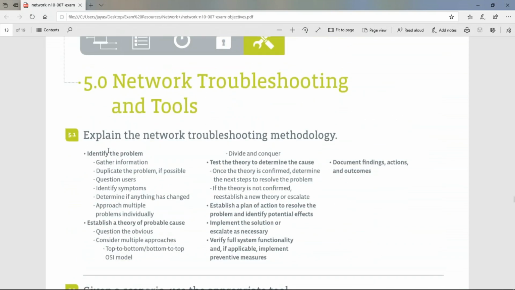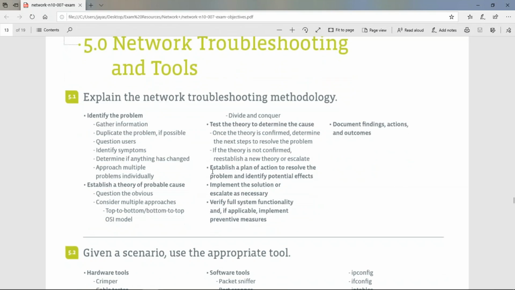You have the steps here, right? Similar to A+, these steps can now be presented to you on A+. Before they updated to the 1000 series, this is the first place you would see these steps, but now they put them on the A+ exam, so that's definitely a good thing because you start troubleshooting in A+.